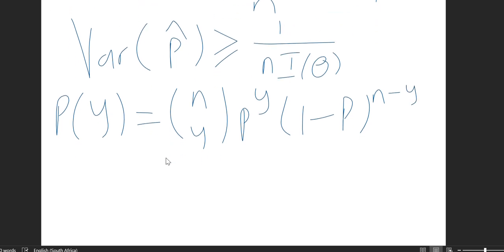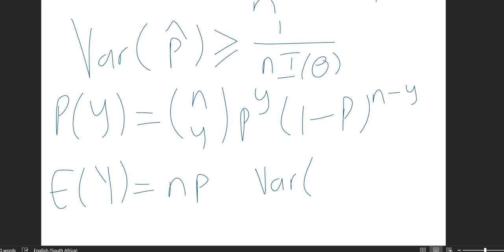The mean of a binomial distribution is np, and the variance is np times 1 minus p.